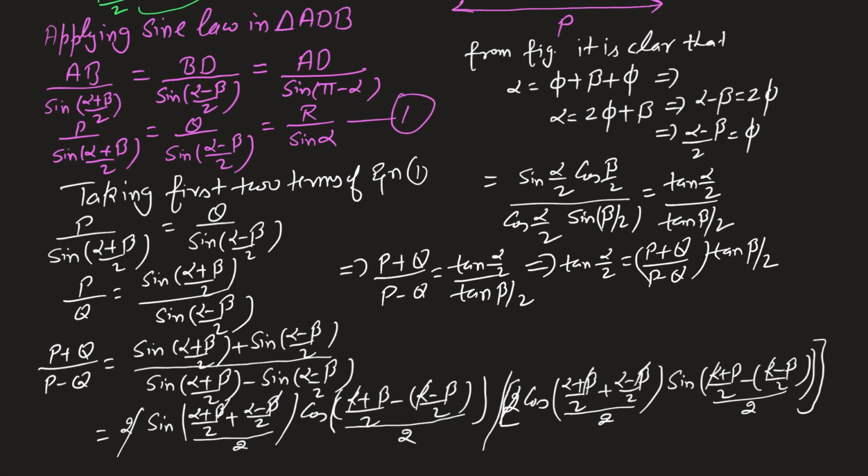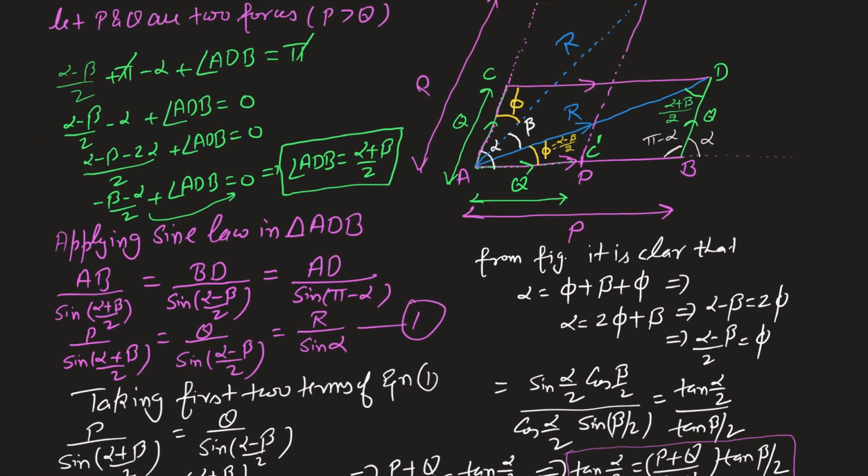So this is the result that we have proved, that tan alpha by 2 is equal to (p plus q) divided by (p minus q) tan beta by 2, and this was required to prove.